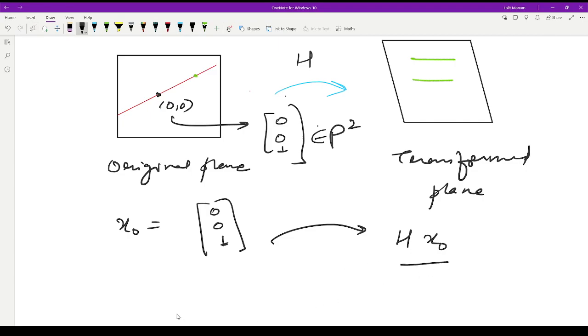But once this is transformed, what will this correspond to? The parallel lines. The parallel lines meet at infinity, at the line at infinity, right? So this transformed point also satisfies this line at infinity, right?